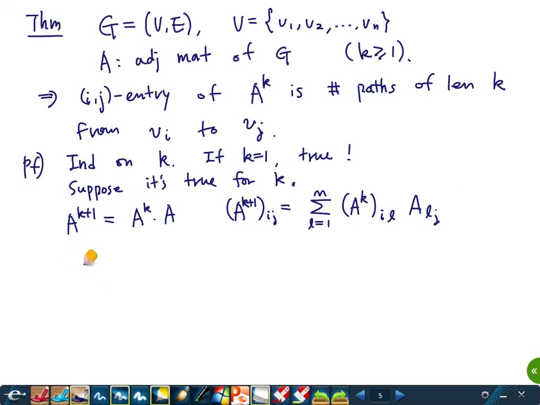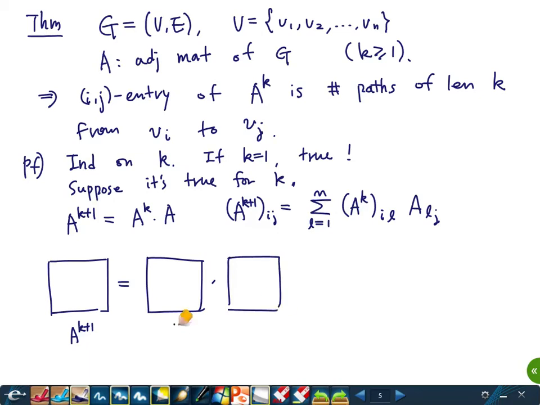If you want, I can draw the diagram of the matrix. So this is equal to this times this, matrix multiplication, A to the k times A. And the ij entry, if this is i and this is j, is obtained by taking the dot product of the ith row of the first matrix and the jth column of the second matrix, right?